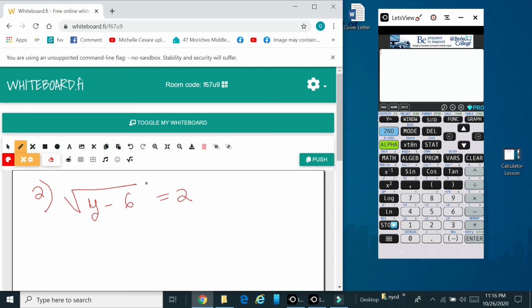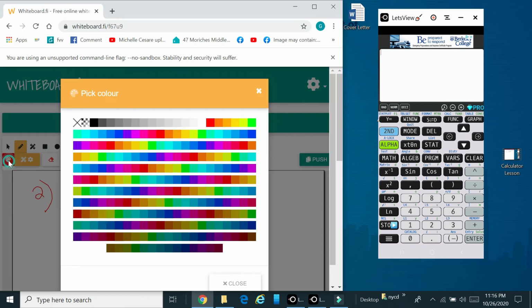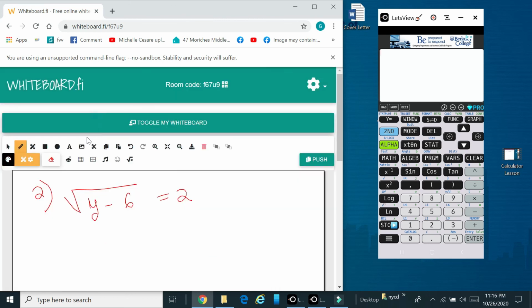Again, underneath that square root, I'm gonna square it, because squaring undoes square roots. So I'll change the color again so everybody can see that I made some type of change. So I'm gonna square that so I can get rid of that square root. Now if I square this side, what do I have to do to the other side? Exactly right. I have to square that side.